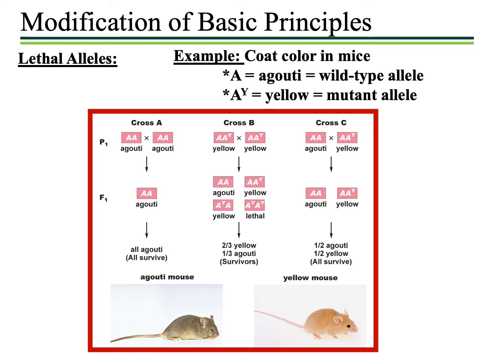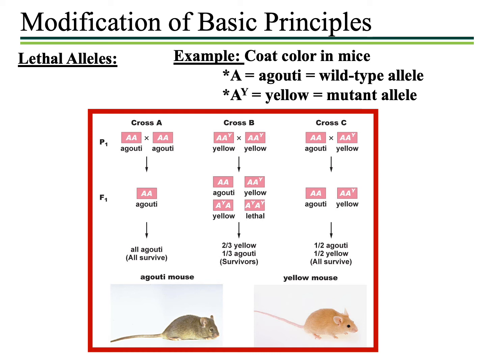And we might argue that it's not necessarily yellow, but it's definitely distinct in color from the agouti mouse. In this case, this particular allele acts in a way to be dominant for color, but if there are two copies of this allele present, it results in lethality.